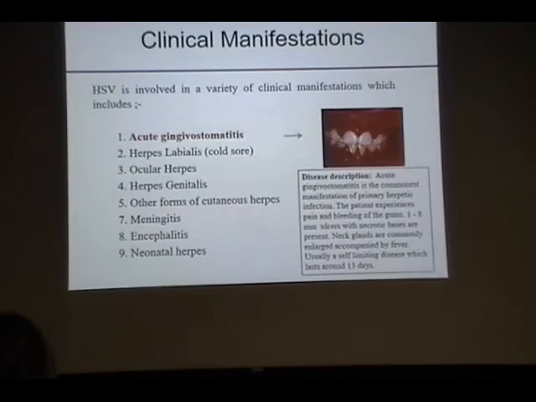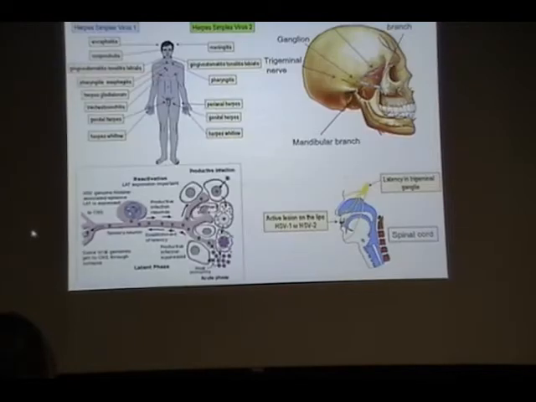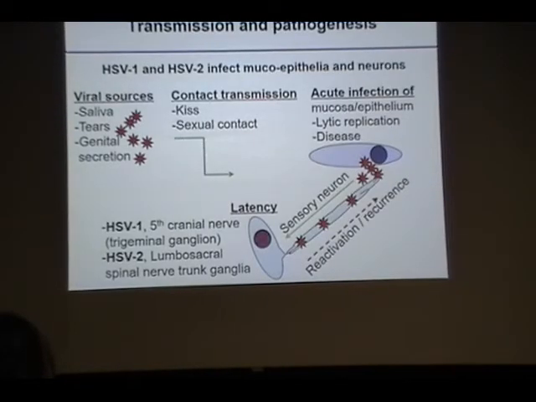So here's what happens during the herpes 1, herpes 2, herpes simplex infection. Usually, virus particles are in the saliva, or tears, or genital secretions.